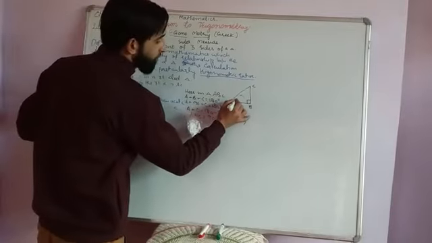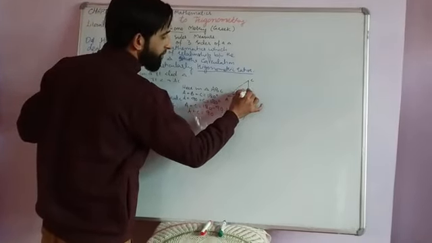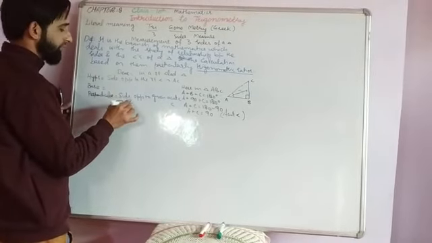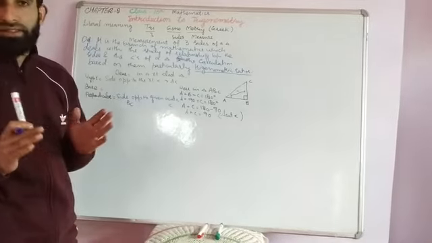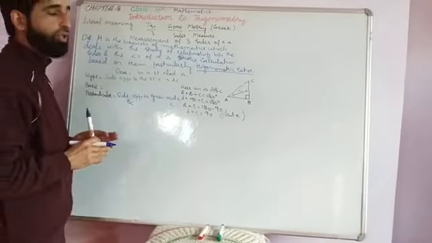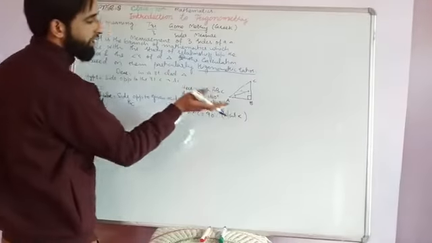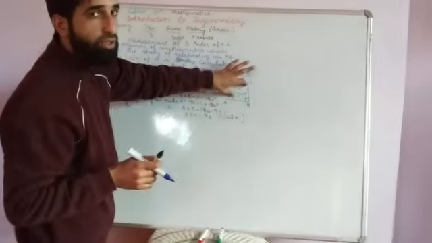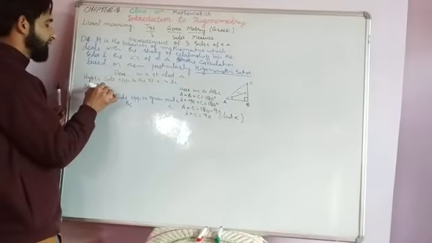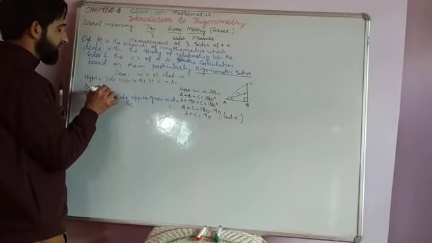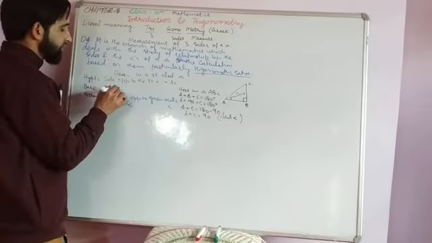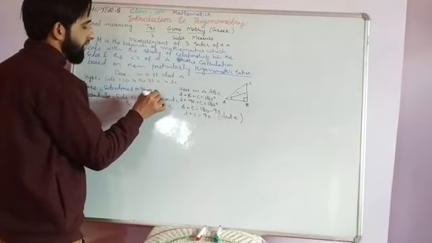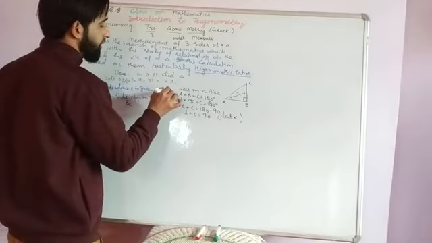The given acute angle is the one we are considering, here angle A. So BC is the side opposite to the given acute angle A, and BC forms the perpendicular. Now, the base is defined as the side adjacent to the given acute angle. Here the given acute angle is A, it has two adjacent sides, AB and AC, but we have already declared AC as the hypotenuse. So the remaining side AB is the base.